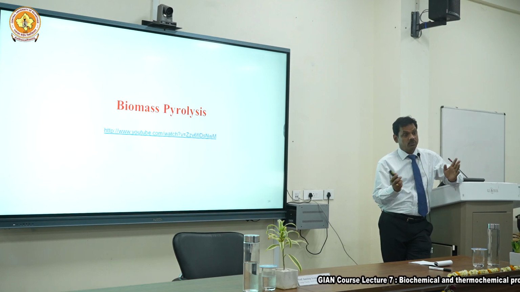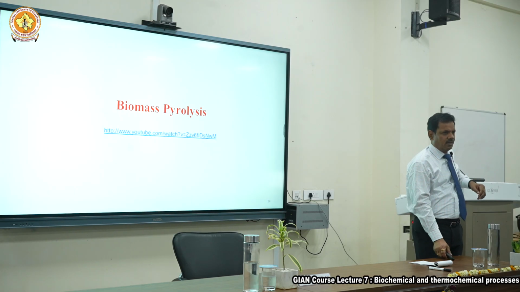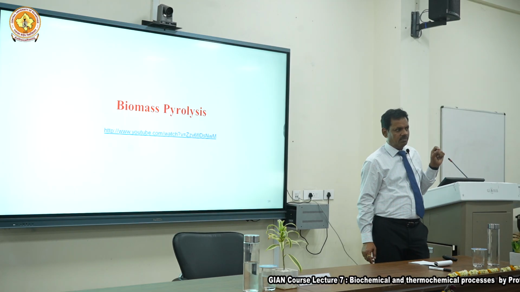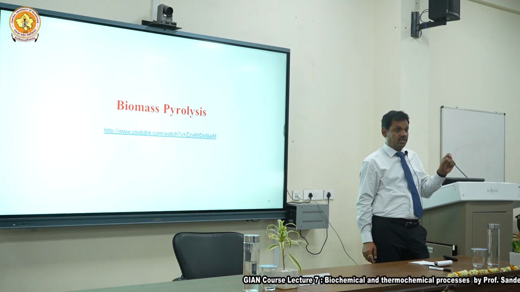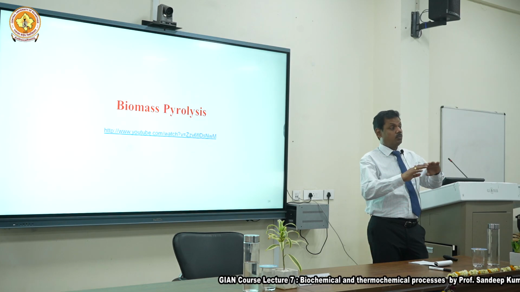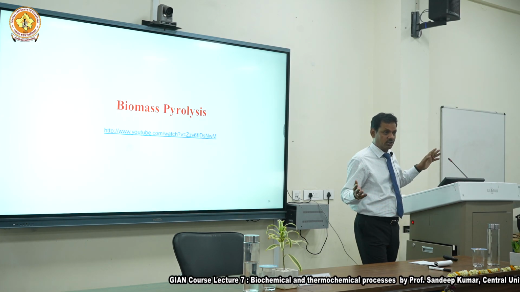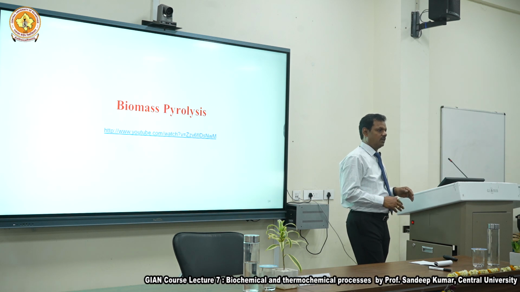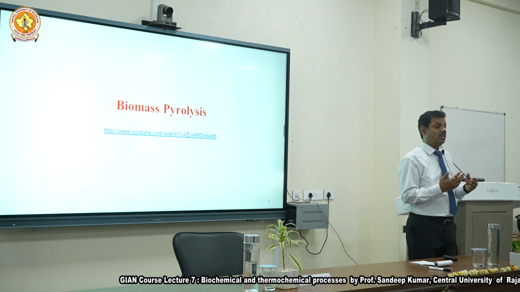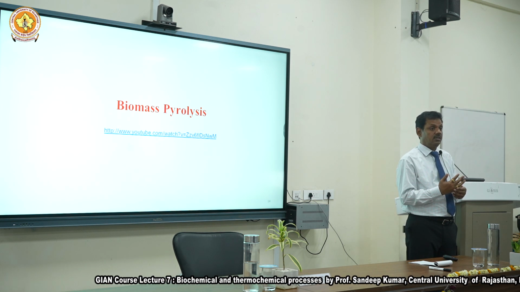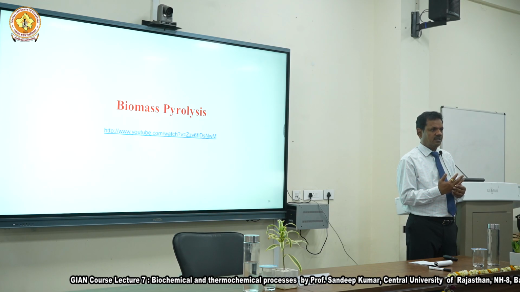So what happens when you heat something? I gave you enough background: biomass, water content, cellulose, hemicellulose, lignin. These are all polymers. And then I put you through ultimate and proximate analysis, elemental. Now when you are heating, what happens to cellulose, hemicellulose, lignin? They are polymers.